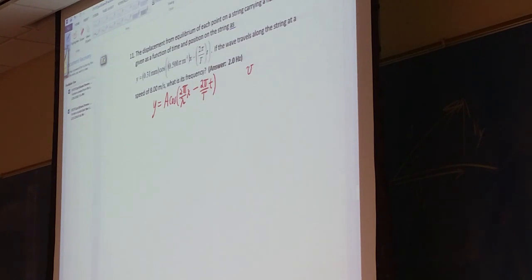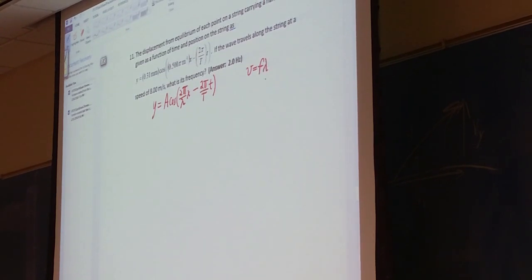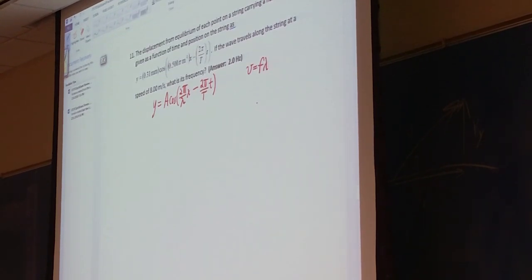Well, v is equal to f times lambda, the fundamental relation for waves. So we can find the frequency from the speed if we have the wavelength.